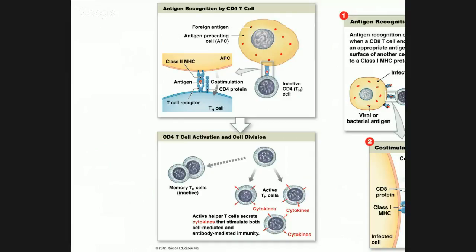And so it's ingested, let's stick with the influenza virus example. It's ingested influenza virus that you've been exposed to and processed that, and it's showing part of the viral particle that's been broken down on its surface with class 2 MHC.